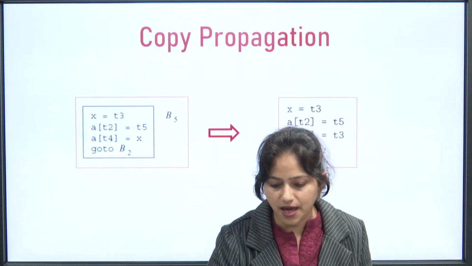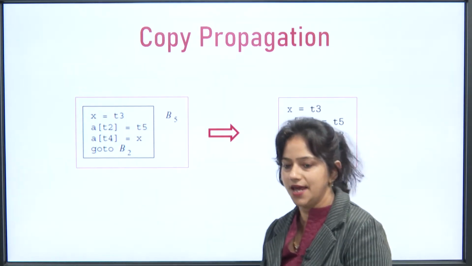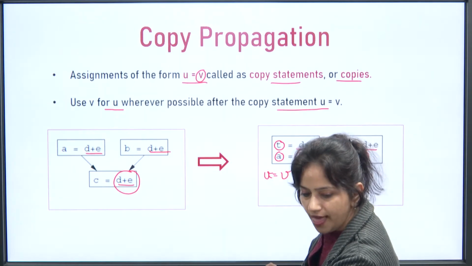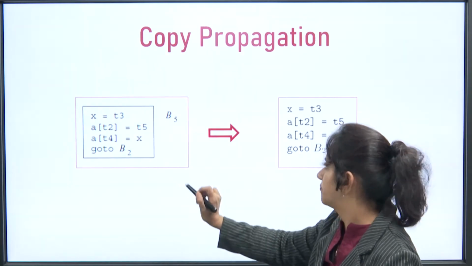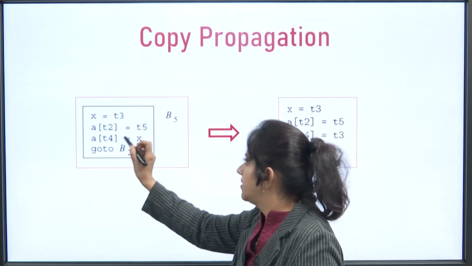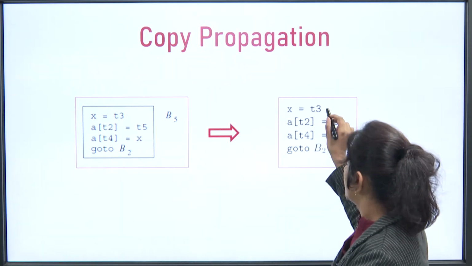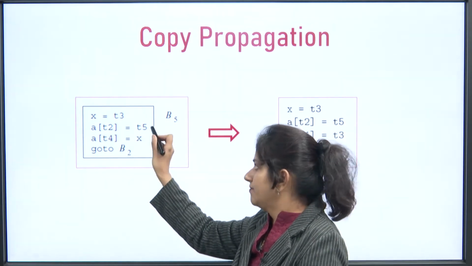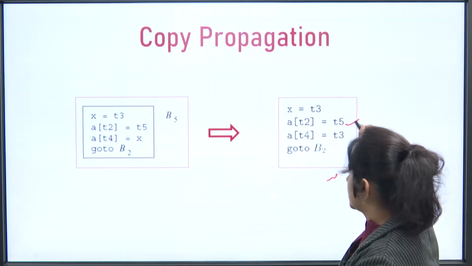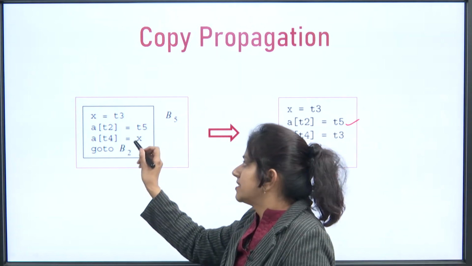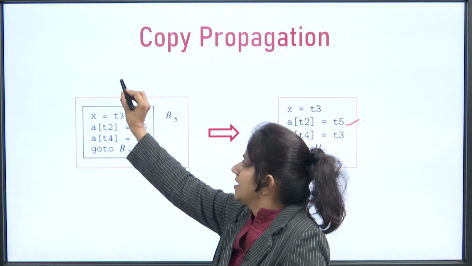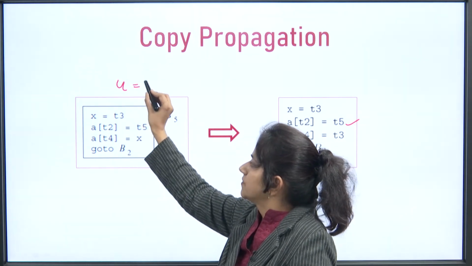We will see this example in our block 5 that we obtained over here. In block 5 we can see x is equal to T3, this is okay. Now a[T2] is equal to T5, this is also okay. Now look here, a[T4] is equal to x. x is equal to T3 is a statement like u is equal to v.